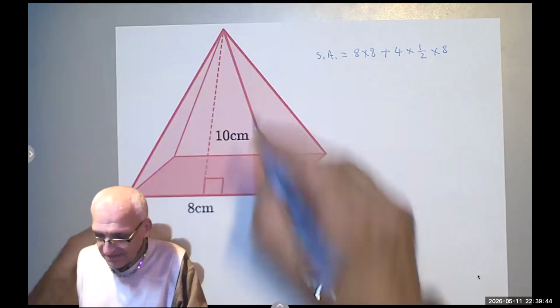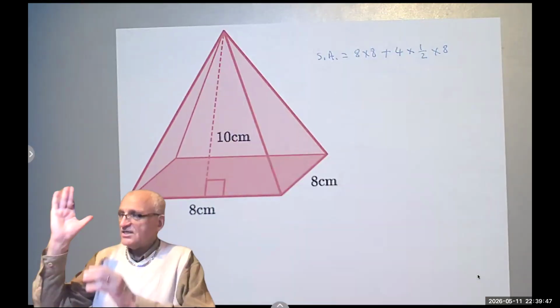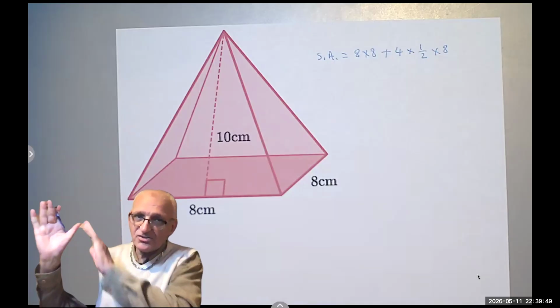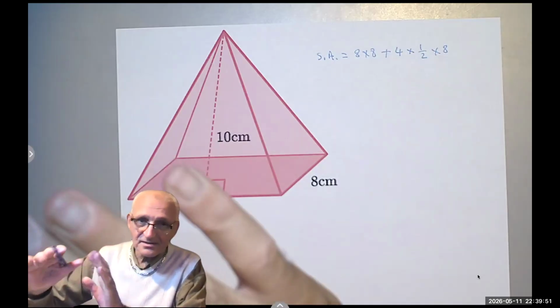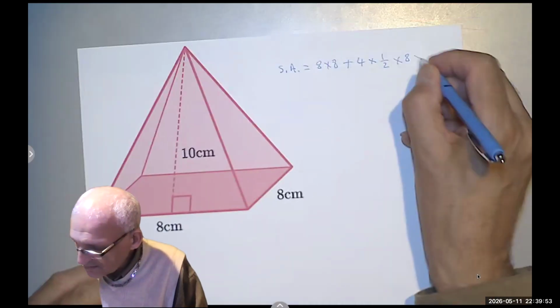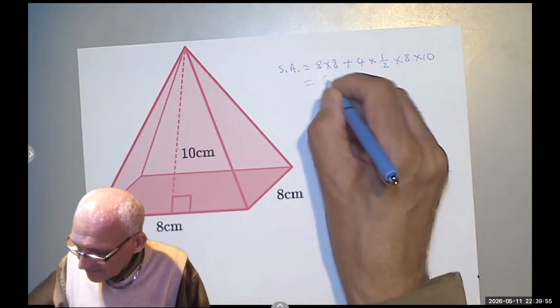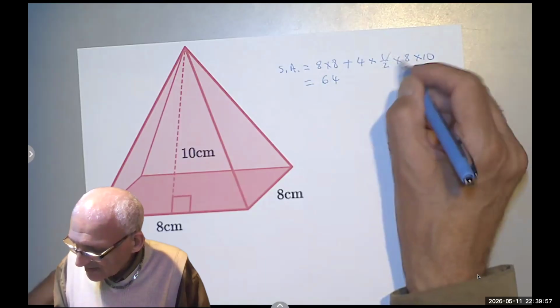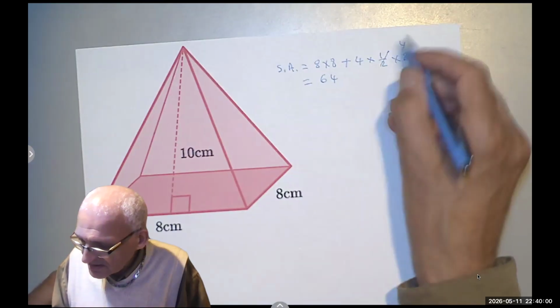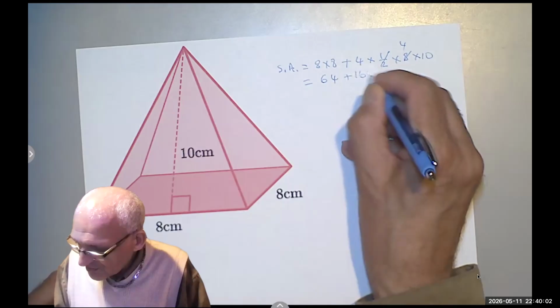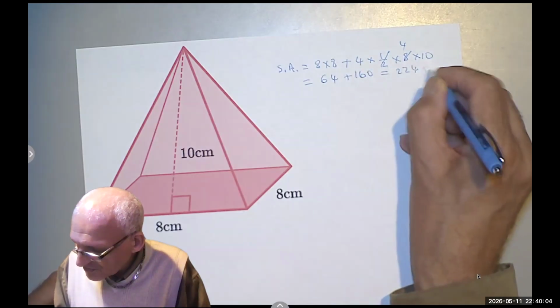It's not slanted. This line is slanted, but this one is perpendicular, but I just took the whole triangle and tilted that. So times 10, it's 64. 1/2 times 8 is 4, 16, 160, for a total of 224 square centimeters.